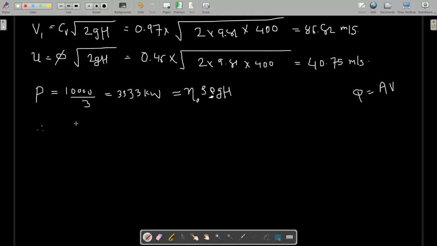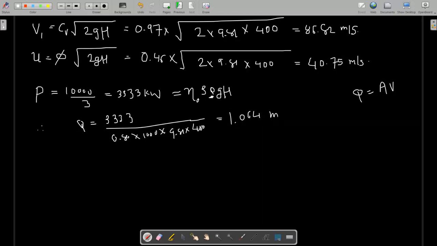So first we will find the discharge, q is equal to 3333 divided by overall efficiency, which is 80%, density is 1000, g is 9.81, and H is 400 meter. So you will get discharge as 1.064 meter cube per second, but this is from one nozzle, that means per jet.